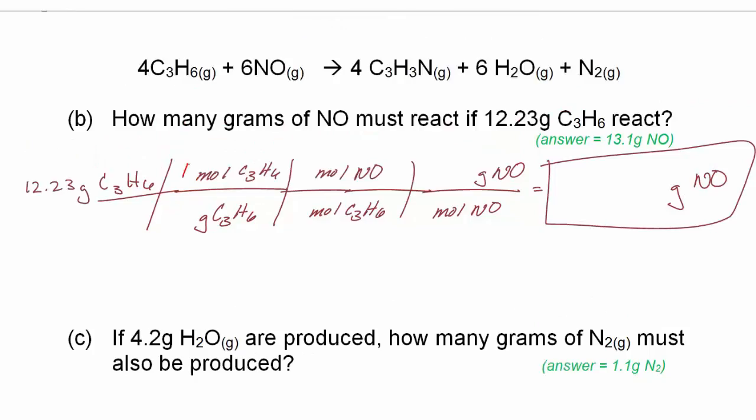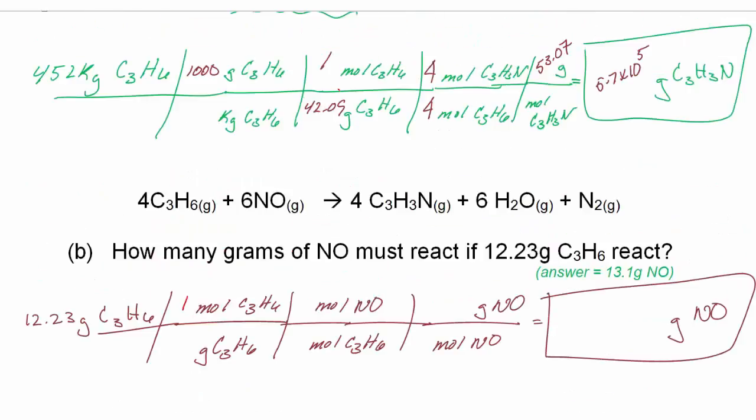So the molar mass of propylene, we did that already, it's 42.09. The mole bridge, we have 6 moles of nitrogen monoxide for every 4 moles of propylene. And the molar mass, in 1 mole of nitrogen monoxide, I have 14.01 plus 16, about 30.01 grams.